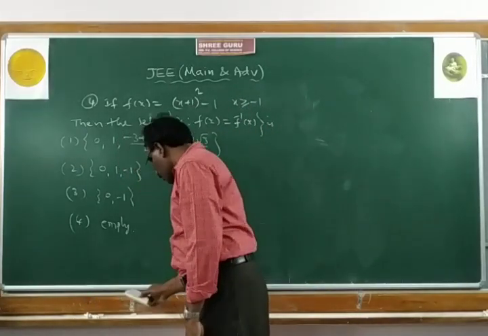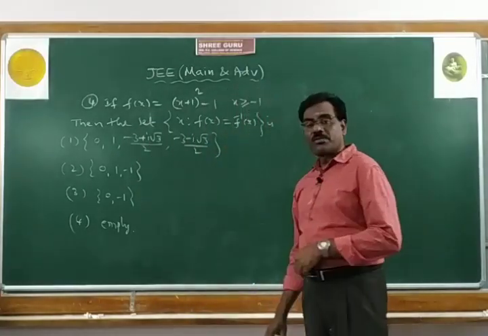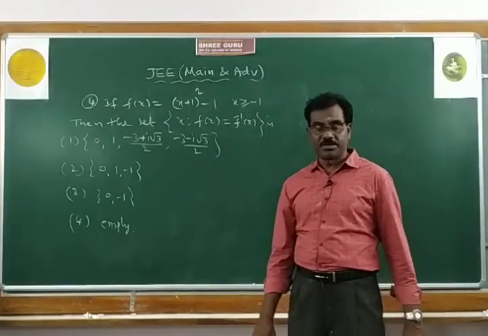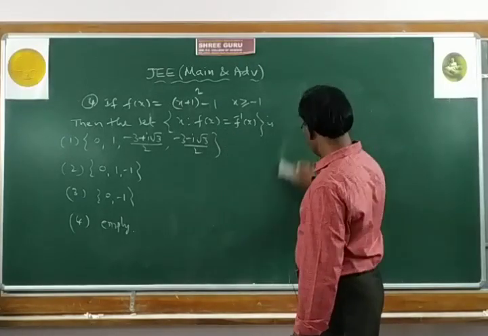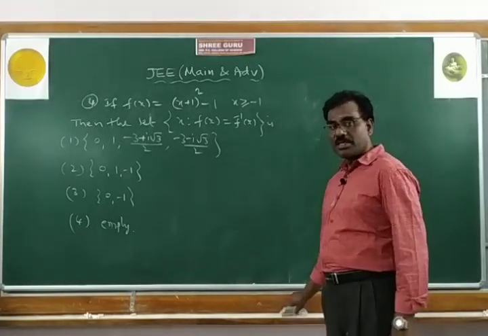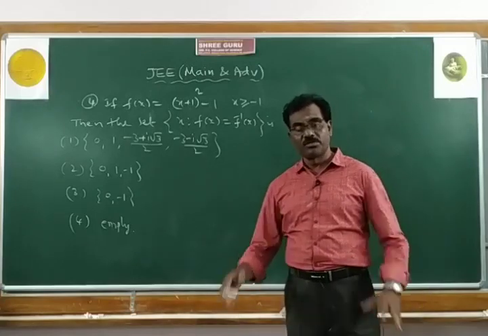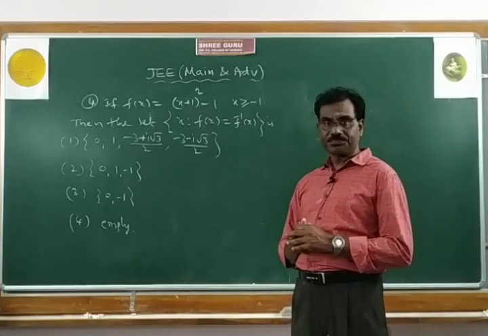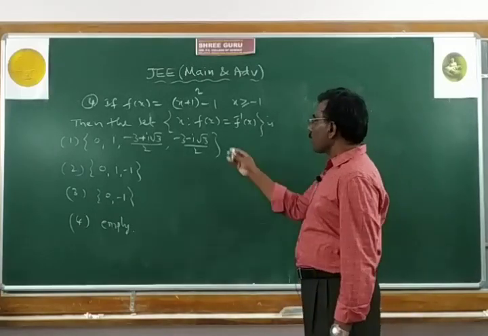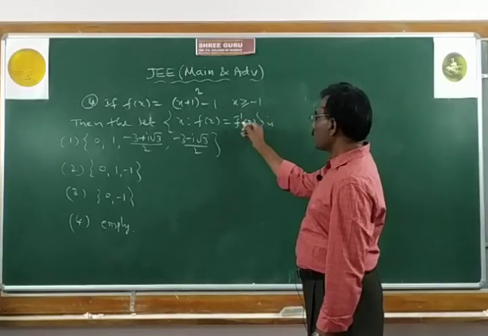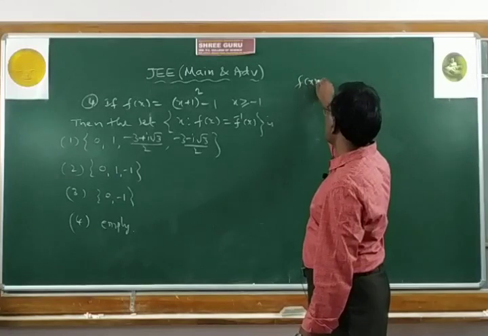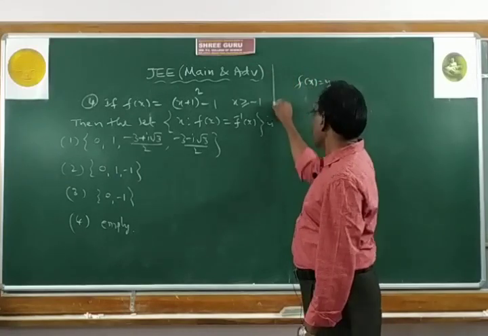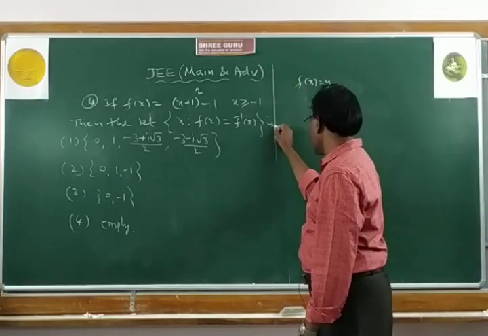So it is a very important question. It is given f of x is f inverse of x. Given f of x is equal to f inverse of x, I think you know the identity: f composition f inverse of x is x. But you are telling f inverse, then both are equal. Let f of x equal to y.